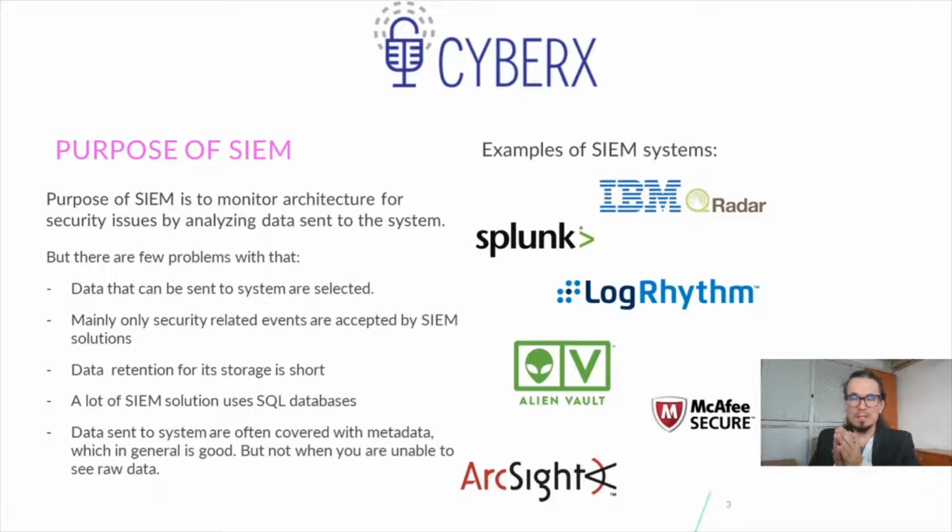So it means that if you have some kind of software like a firewall and you want to monitor the data from that firewall, then you can send it to the SIEM solution, and that solution will look at the data, try to analyze it and look for security issues.